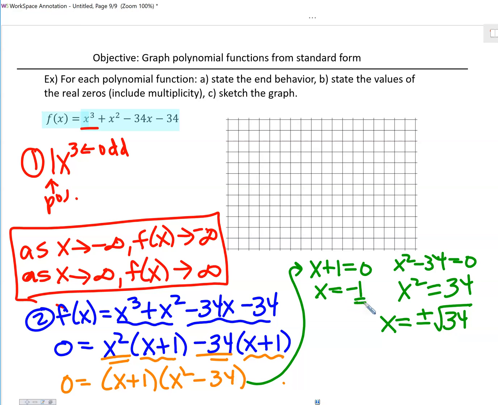Now 34 is not a prime number, but it's even, so it's the product of 2 times 17, and 17 is prime. So it's the product of 2 different prime numbers. That tells us we can't simplify the square root of 34 at all. So our zeros are equal to our negative square root of 34.